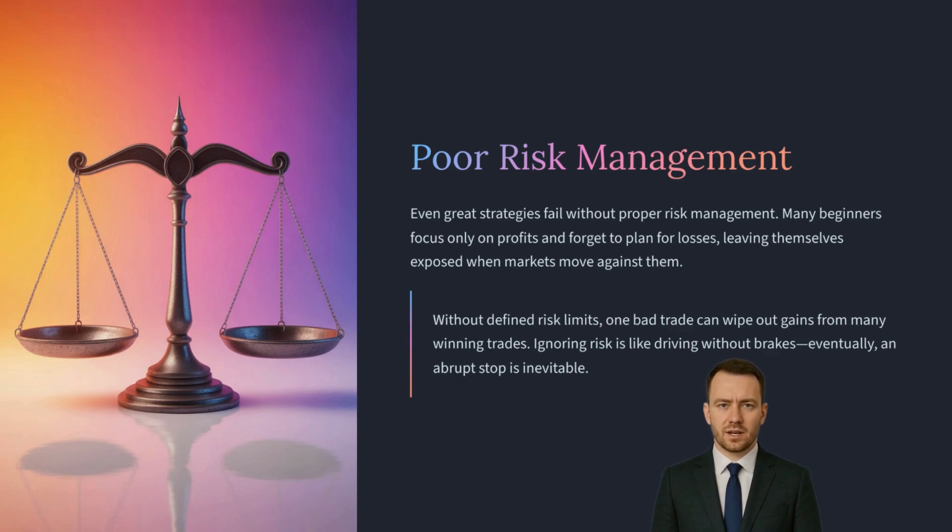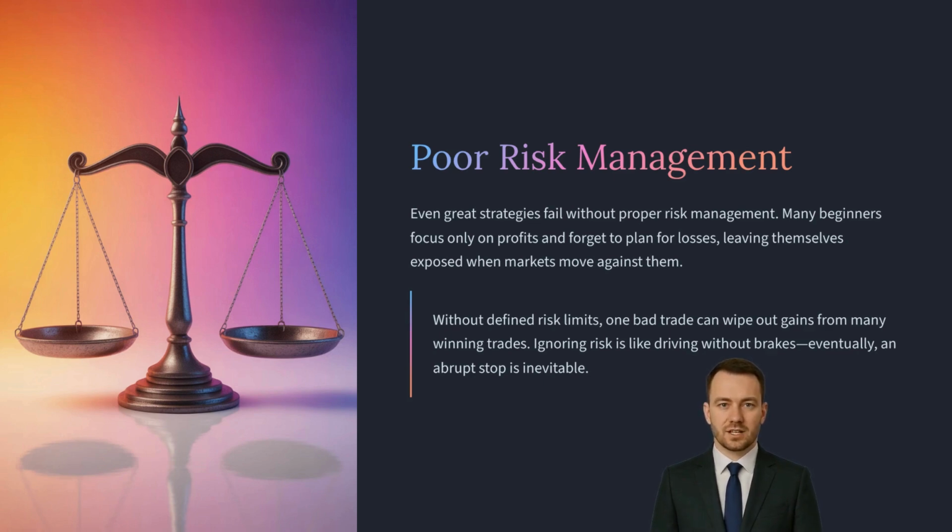Improper risk management often leads to emotional decision-making. For example, panicking and closing a trade too late, or holding a losing position hoping it turns around, and taking a much bigger loss than planned. Traders who don't manage risk may also use positions that are too large for their account, which magnifies losses beyond what their balance can handle.